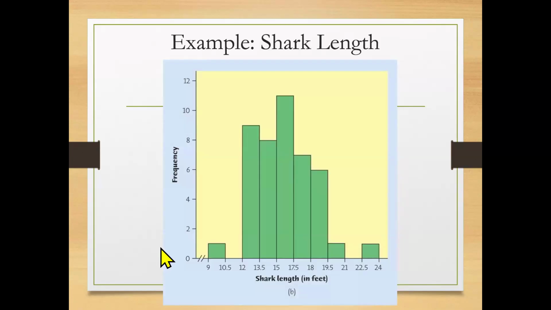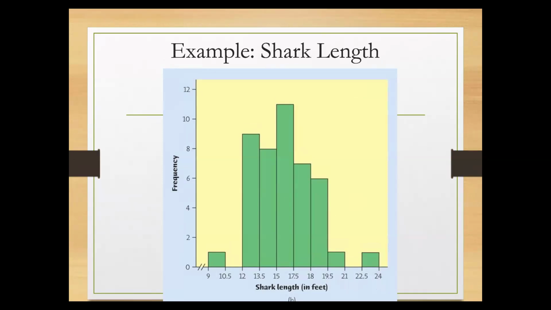So we're just going to do a couple of practice graphs to make sure that you understand how to use these vocabulary words. This example is on shark length. Notice that what was measured was the length of the sharks, and the bins at the bottom are each 1.5 feet.